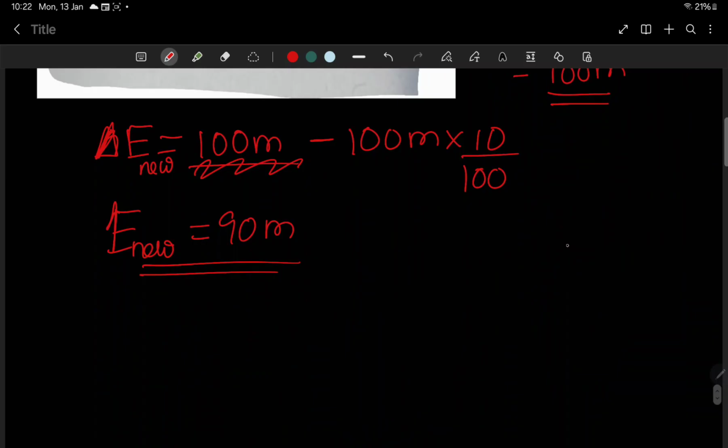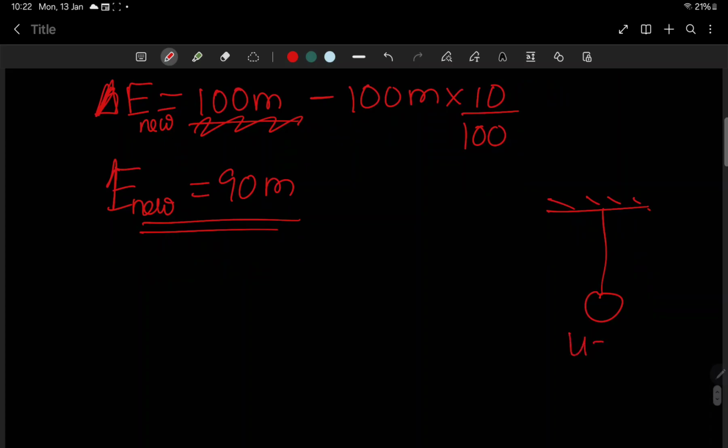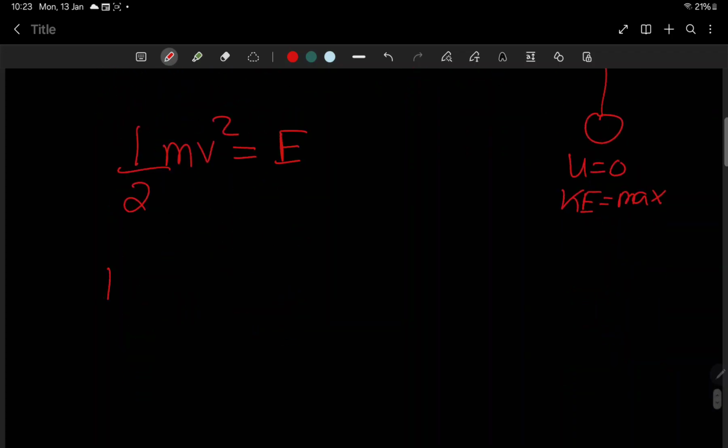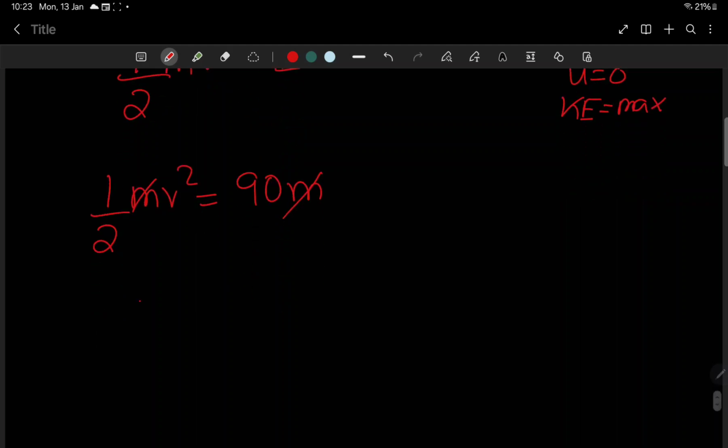Now with this new energy, it is coming to its mean position, that is down. You know that at the mean position the potential energy U is equal to 0 and kinetic energy is maximum. So therefore from here, total energy is equal to kinetic energy. You should not use 100 m, you should use 90 m. That's the new energy, 90 m. M gets cancelled. So V square is equal to 90 into 2.